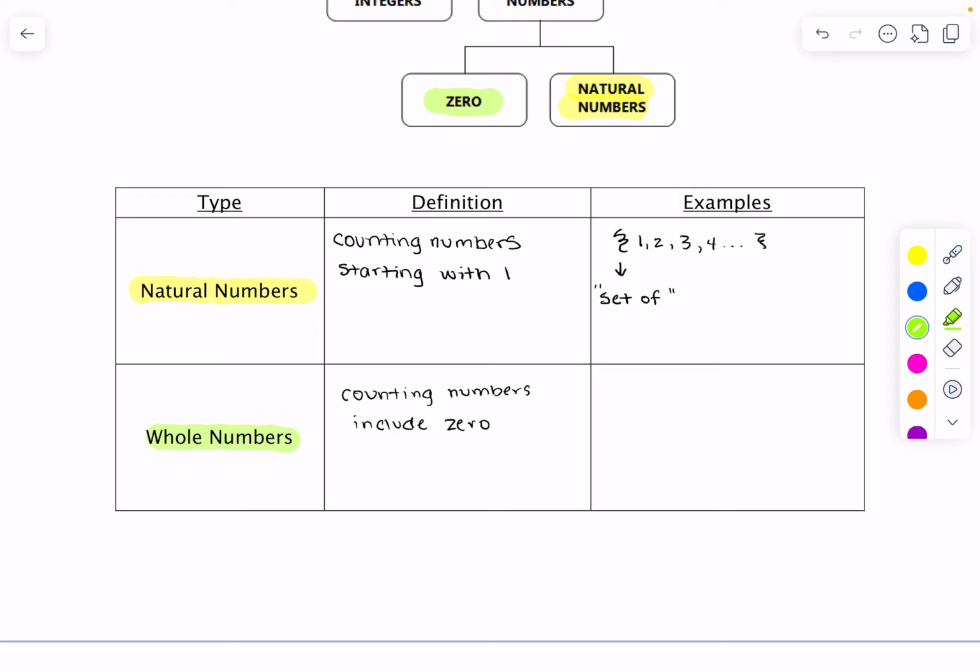So we're including 0 into our whole numbers. So when we talk about what those examples look like, I'm still going to use that set notation because it's showing the set of all the numbers that we're working with here. But now I'm going to start off with 0 and then 1, 2, 3, 4, etc. Okay, so the key here is that it includes 0.